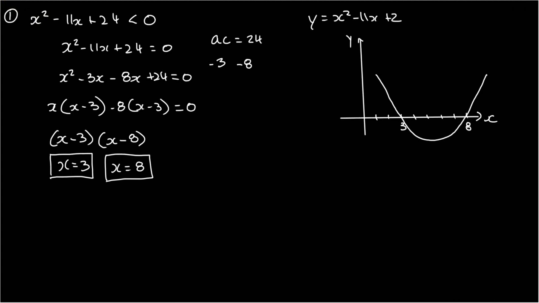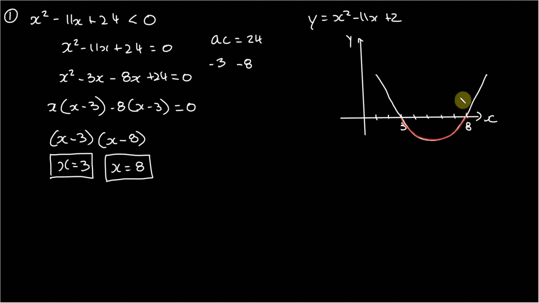And at the outset, we are told that x squared minus 11x plus 24 is less than 0. What that is to say, in this case, is that we want to find the set of values right here. Oops, if I can draw it somewhat accurately. Like there, right?